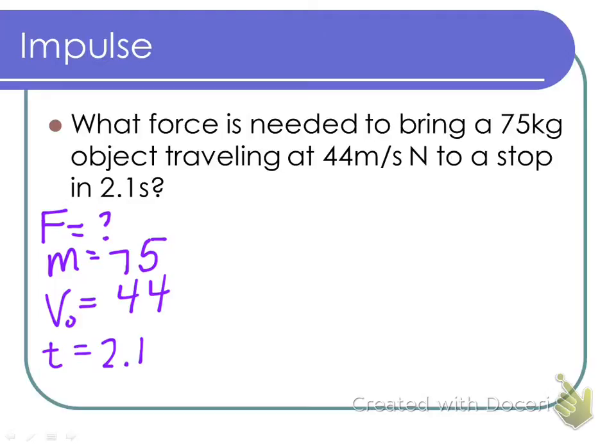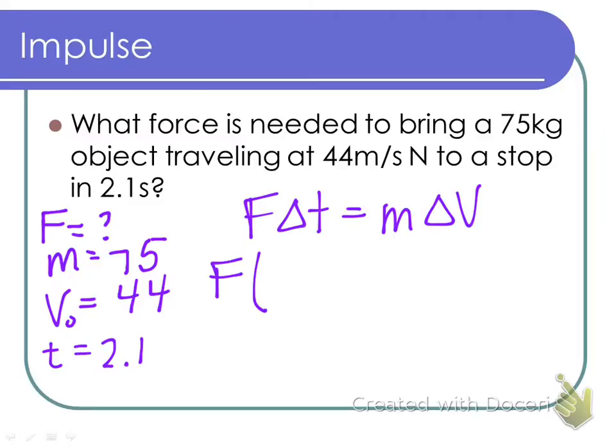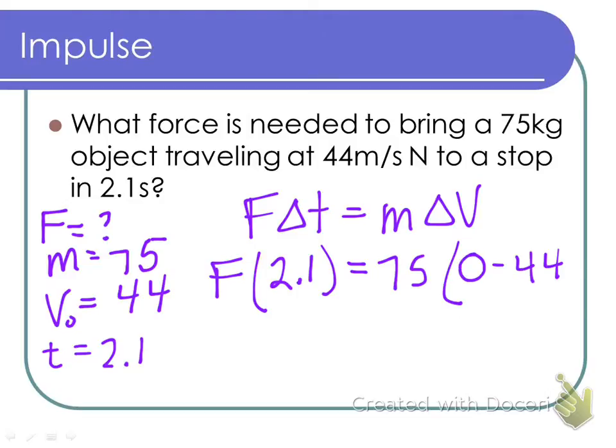I don't need to bother doing two separate equations here. I can set these two equal to each other. So F delta T is equal to M delta V. We're solving for force. Our time is 2.1. Mass is 75. And delta V is 0 minus 44, or negative 44.